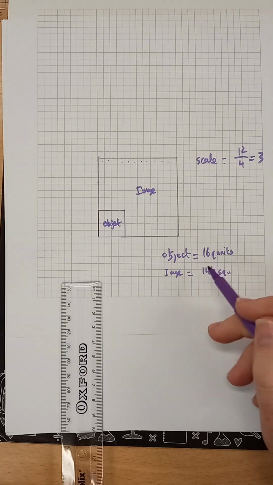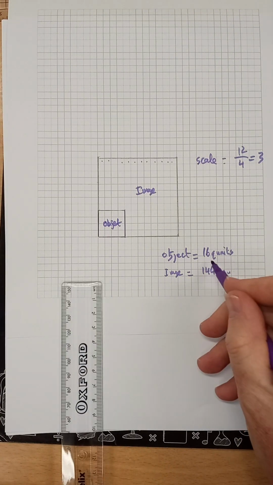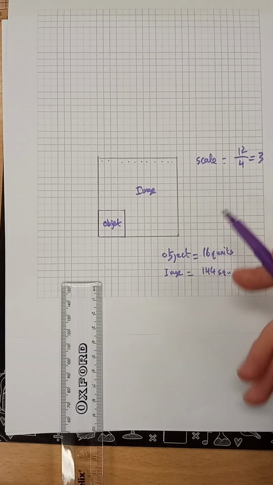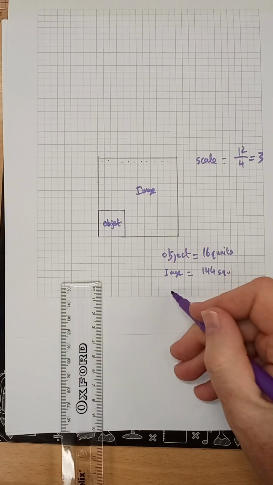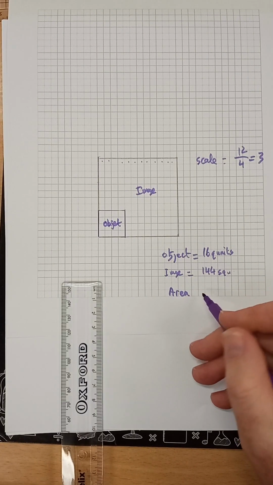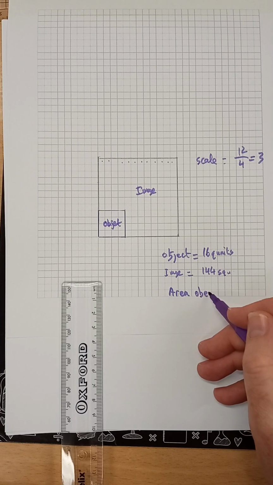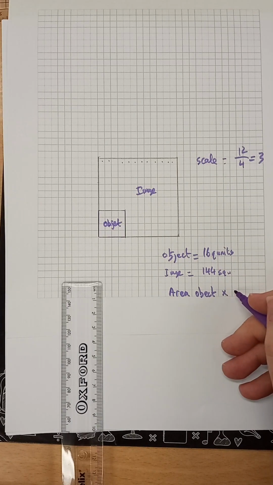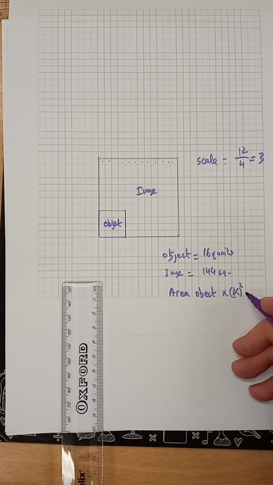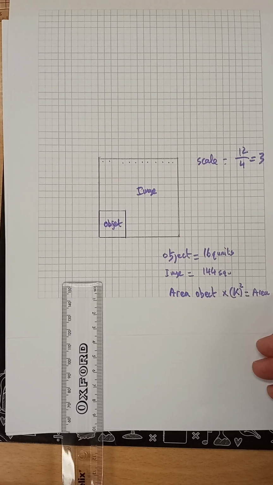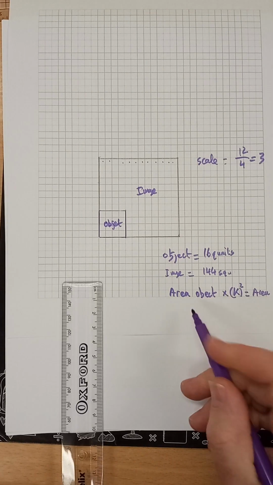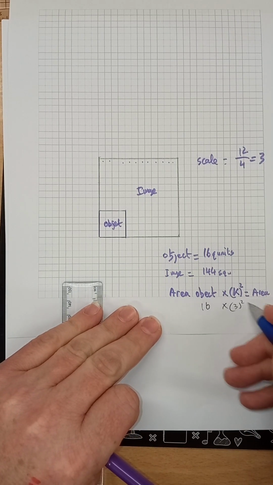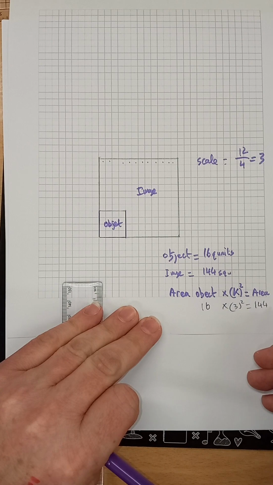Interestingly, 16 goes into 144 9 times, and the relationship between 9 and 3 is that it's squared. So in other words, the area of the object multiplied by the scale factor squared will be equal to the area of the image. To show you that's true, the area of the object is 16 multiplied by 3 squared, which is in fact 144 square units.